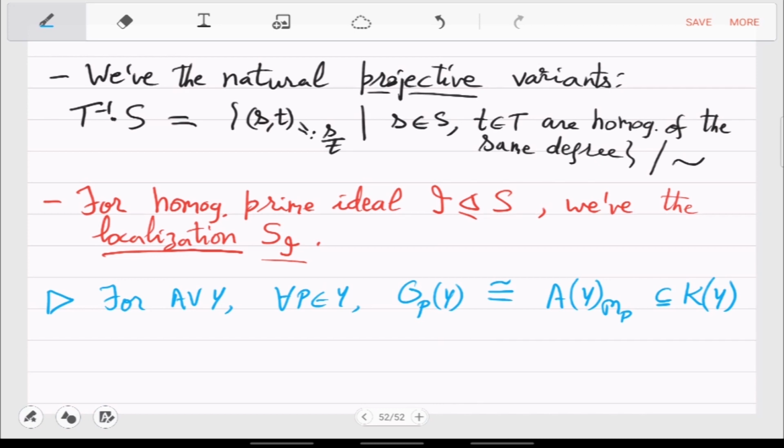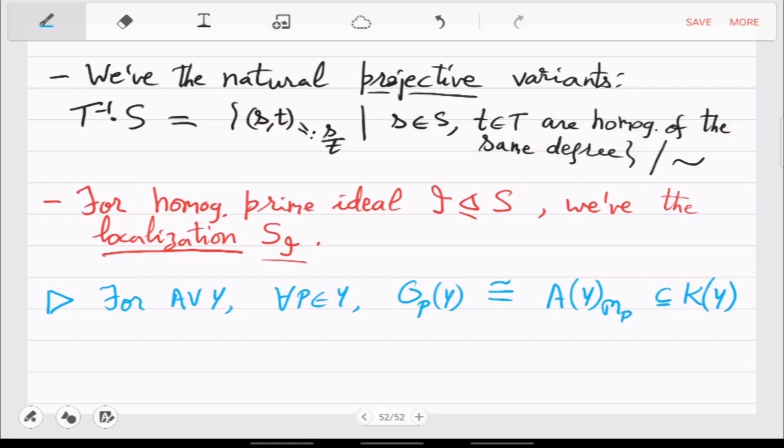O_P,Y is clearly a subset of K(Y), because K(Y) are the rational functions which are defined on Y somewhere. In particular, those rational functions which are defined around P give you O_P,Y. Algebraically we have identified which ones those are. These are the ones which come from fractions G by H, where G comma H is in A(Y), the coordinate ring, and all you need to be careful about is that H should not be in M_P.